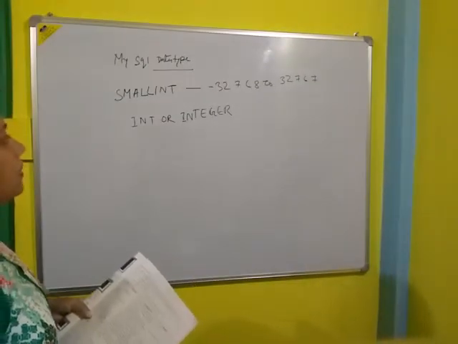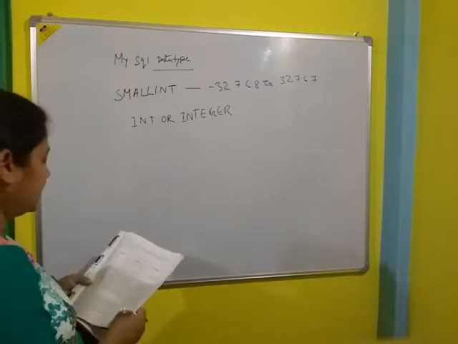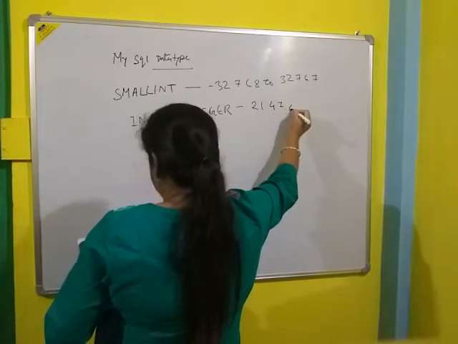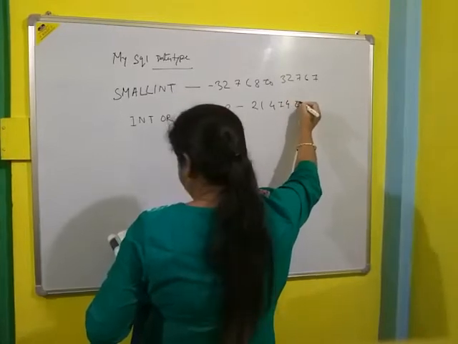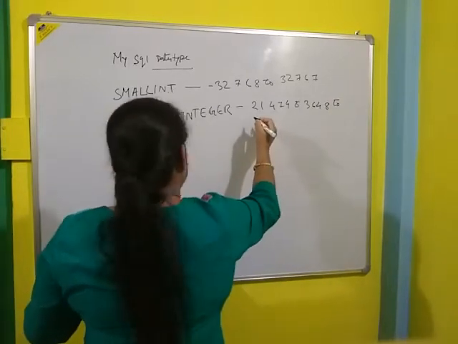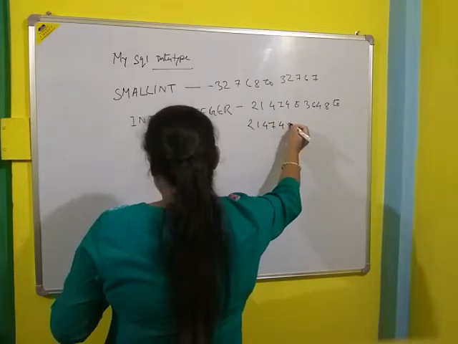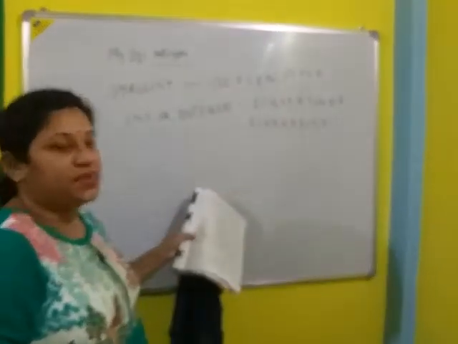So this is the range. And for integer the range is minus 2147483648 to 2147483647. So students, no need to remember this.